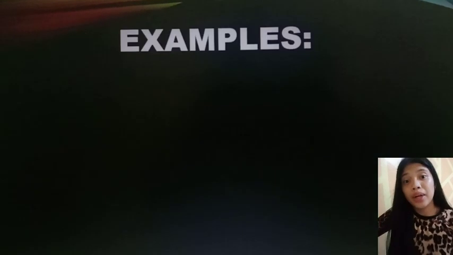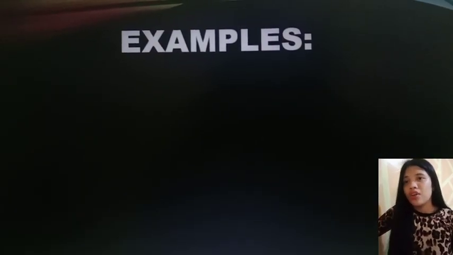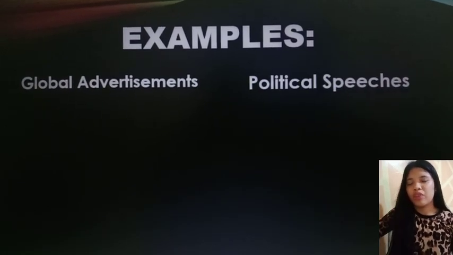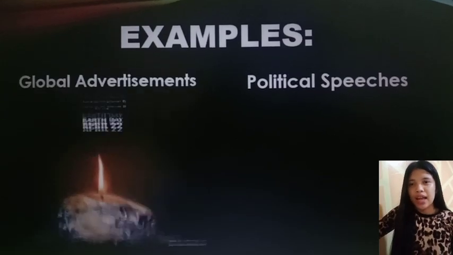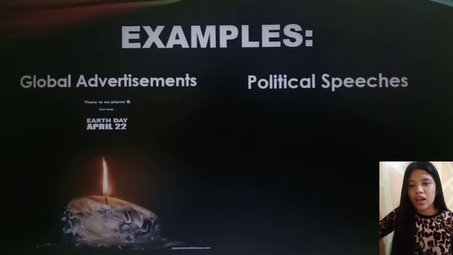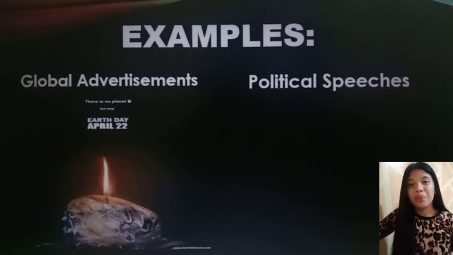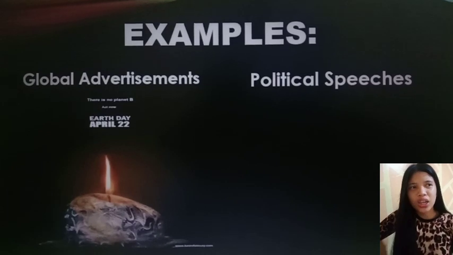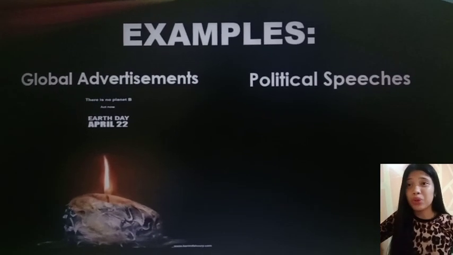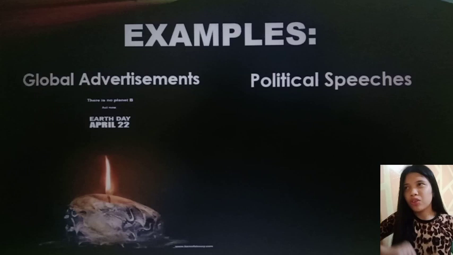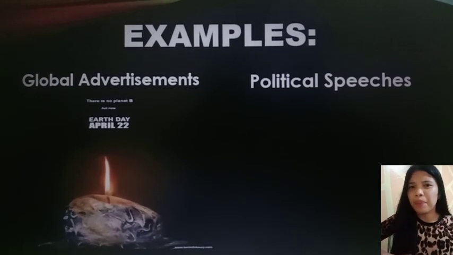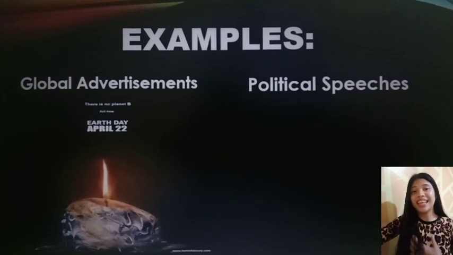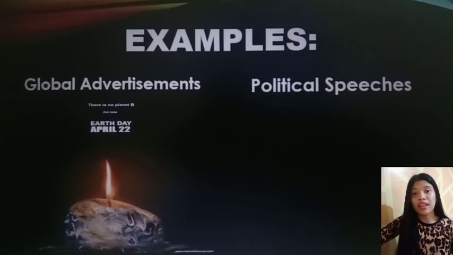Examples of these are global advertisements and political speeches. For global advertisements, for example in the Philippines, a Jollibee advertisement, and people in other places say, wow, Jollibee looks delicious.